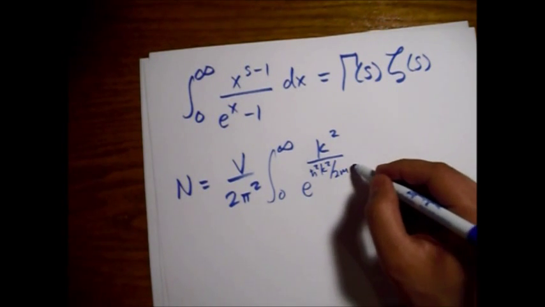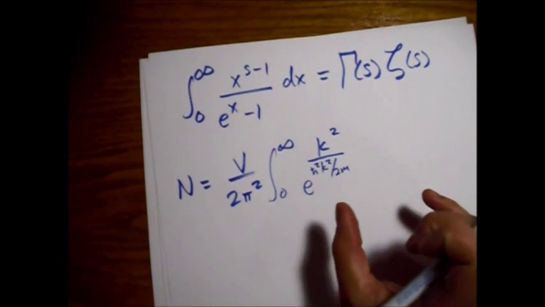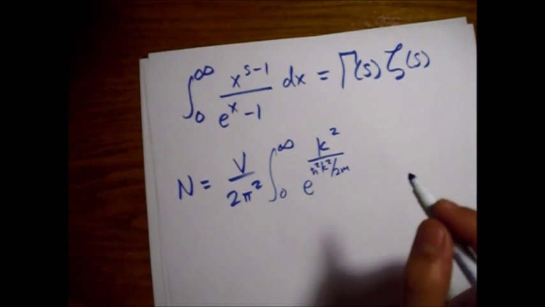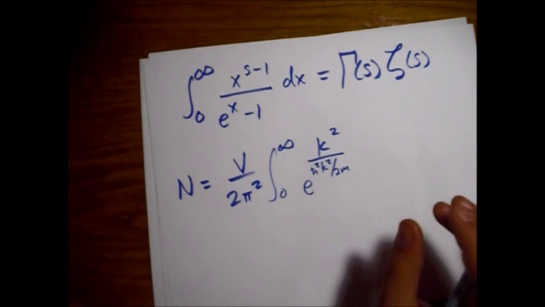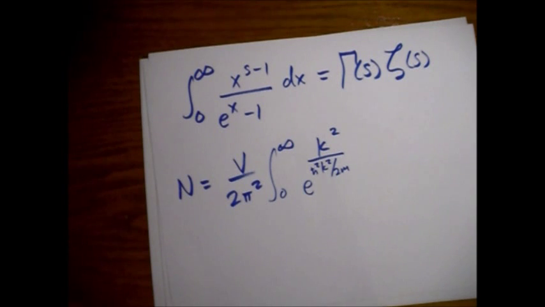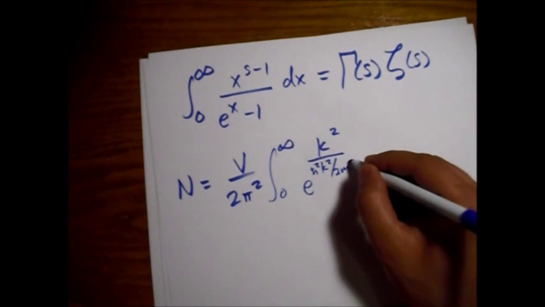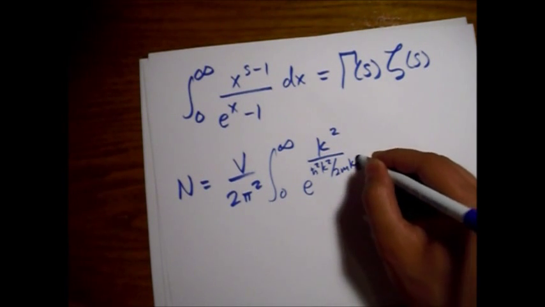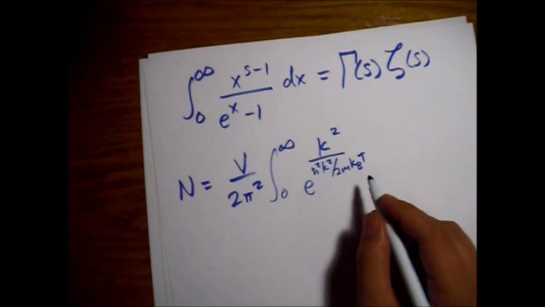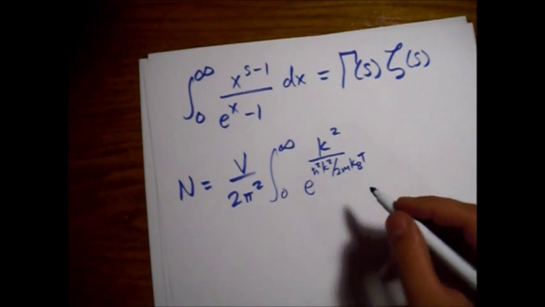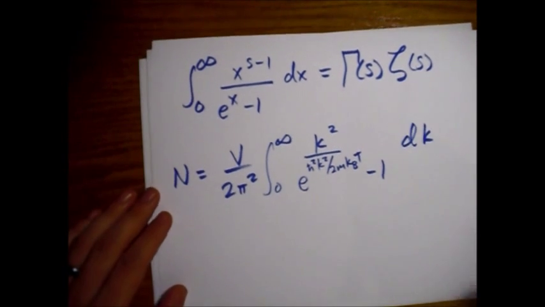Normally there's this minus mu right here, and then the whole thing is divided by kBT, but we're finding the critical temperature at which mu is equal to 0. So we won't write the mu equal to 0. We'll just put the kBT, and only divide this energy term by it. Then we have a minus 1 and integration with respect to k.